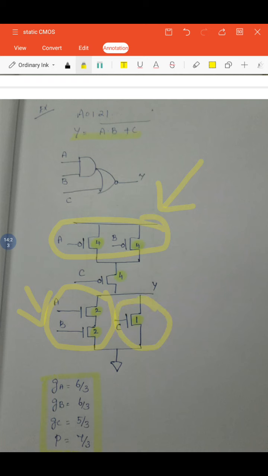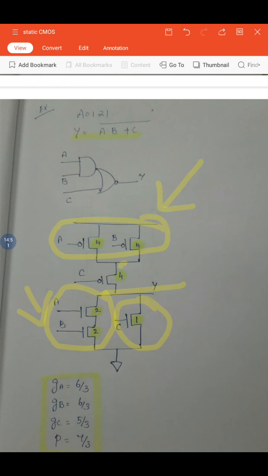Now C must be connected in series with A and B. So I connect the C input to a PMOS gate in series to that, and finally take the output at the junction Y. This is how we finish the CMOS implementation for the given function.